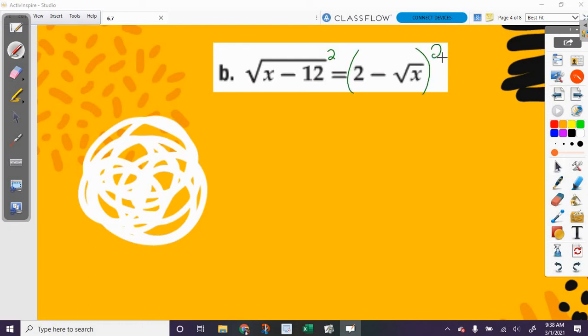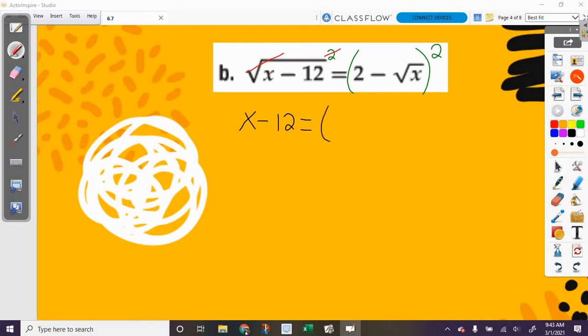But something to be careful about is that when we square both sides, I am indeed squaring the entire right side. So I'm not just squaring that square root of x there, I have to include the 2 as well. So again, my square root and my squared reduce with one another. So on the left hand side, we will have x minus 12.